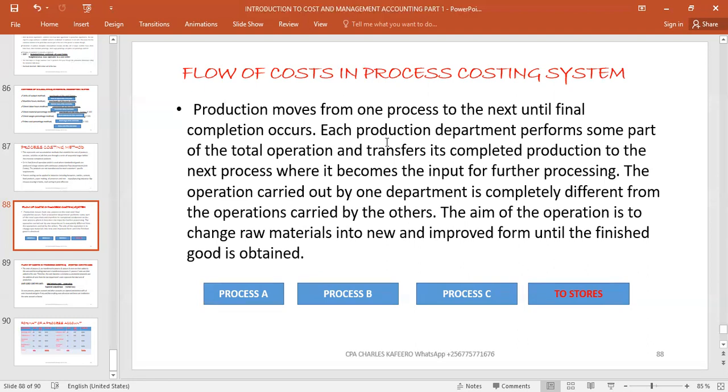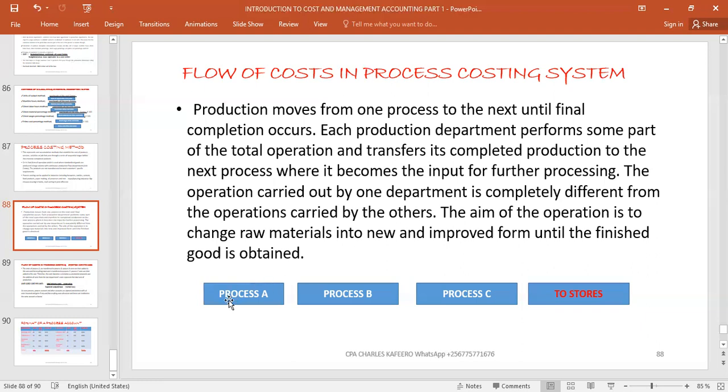We are saying that each production department performs some part of the total operation and transfers its completed production to the next process. When it transfers that, then we expect that what it has transferred becomes the input for the other process.